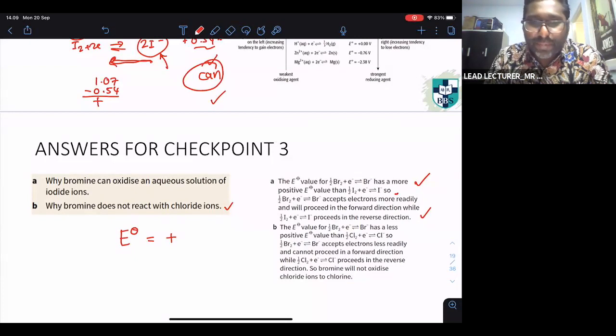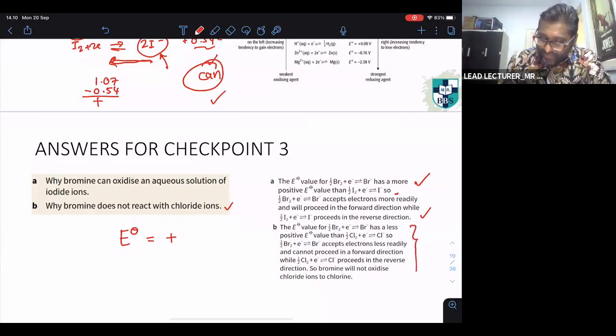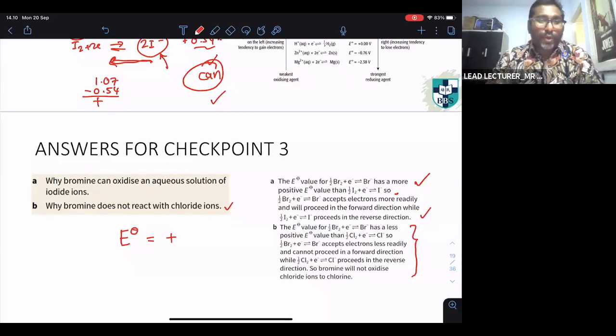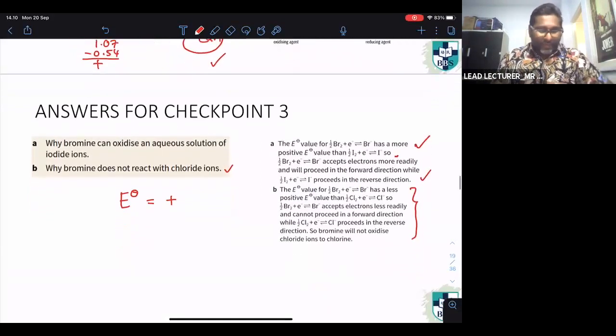But if you are explaining in terms of equations, then you must tell which one is possible to happen, which one is not possible to happen. You can just go through this example, how they have explained, to get an idea how to explain, but the important thing is to get the concept right first.